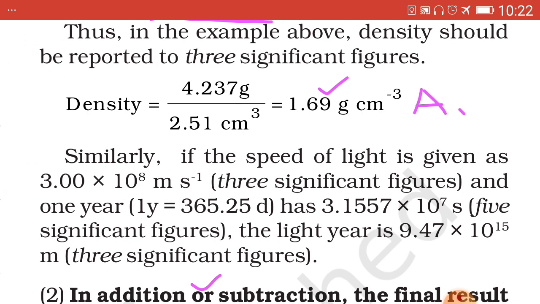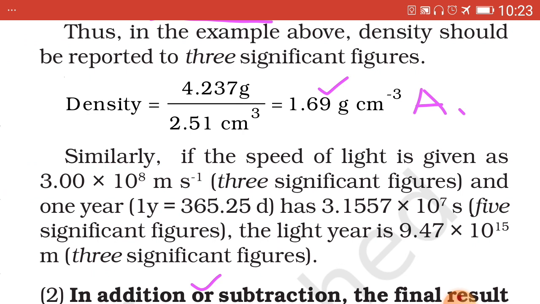Why? Because here the significant figures are 3 and in the numerator significant figures are 4. So 3 significant figures have to be considered in the final answer, and hence the final answer with 3 significant figures is 1.69 gram centimeter raised to minus 3.